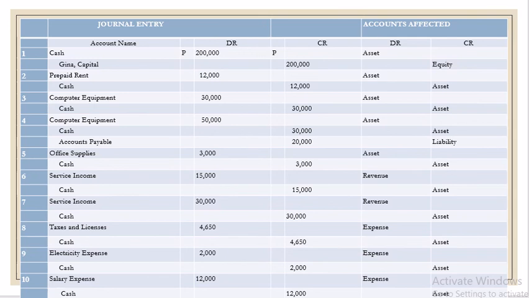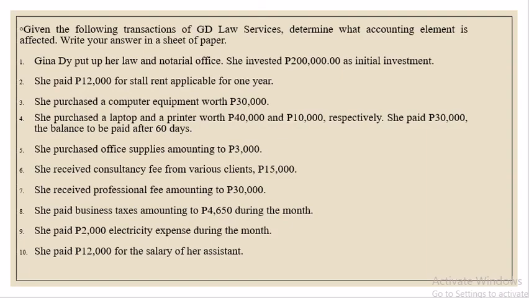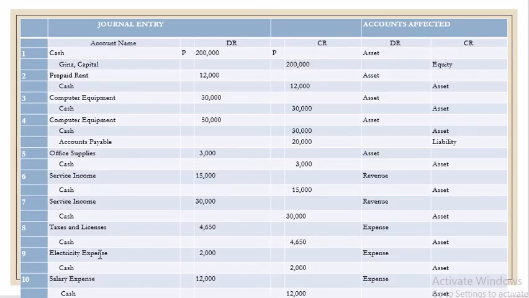Okay. So, next. She received consultancy fee from various clients, 15,000 pesos. So, service income, yung natanggap niya, 30,000, and then cash. So, ang affected ay revenue and then assets.